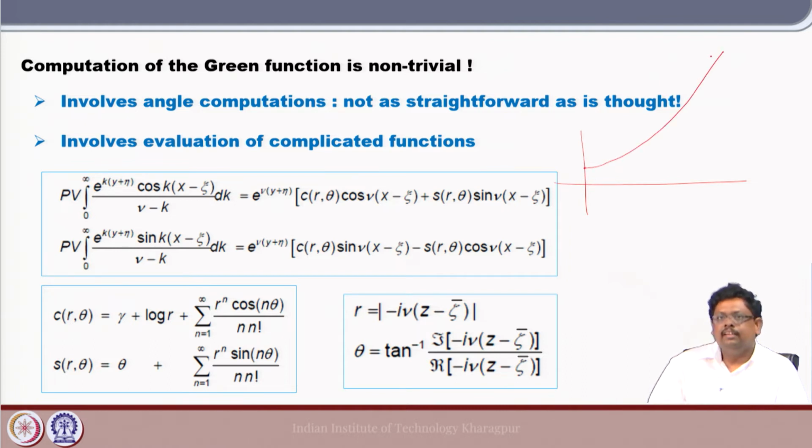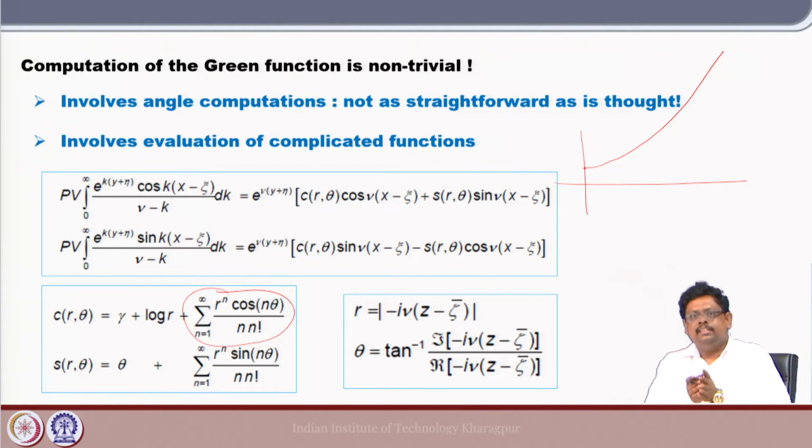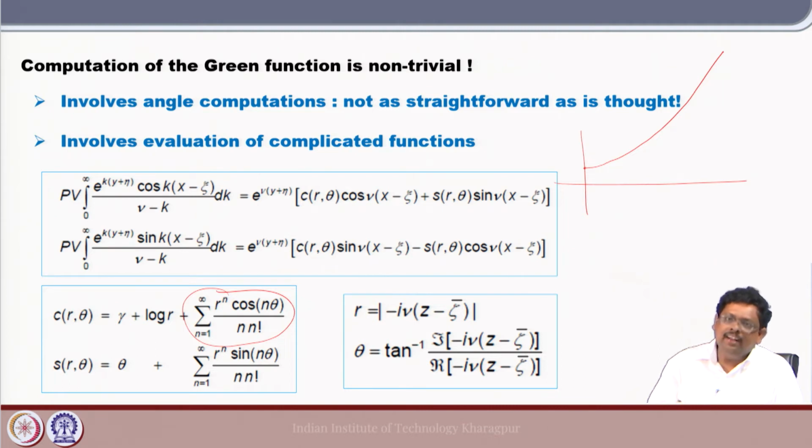Now, if I add this graph infinitely, because this sum is infinity, definitely it is going to blow up, because it turns out to be a divergent series. Interestingly, it is not.